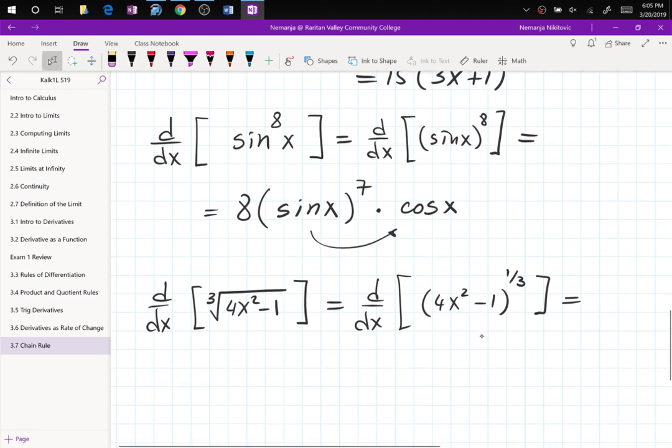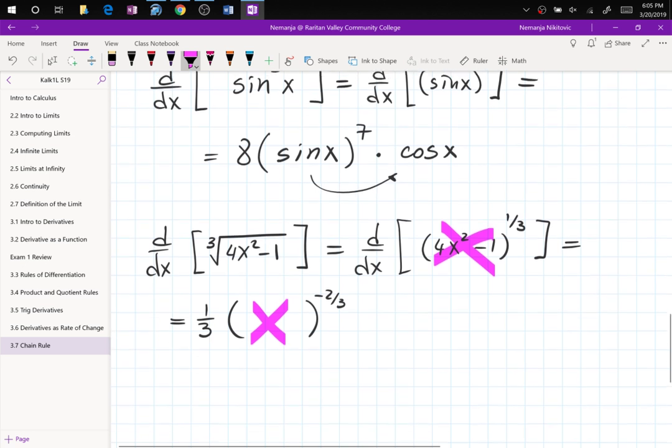So the derivative is 1/3, and then we have our g over here to the negative 2/3. So this is what I mean by the derivative of the outside. If this was a single variable x, you would take the derivative as 1/3 x to the negative 2/3 because you are subtracting 1.